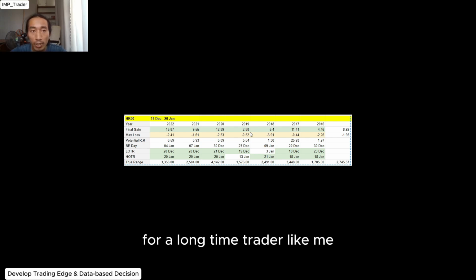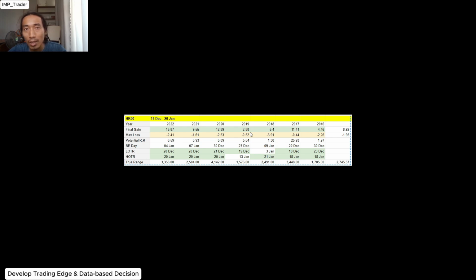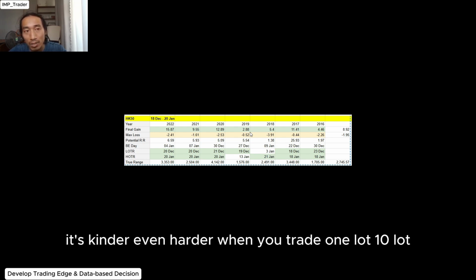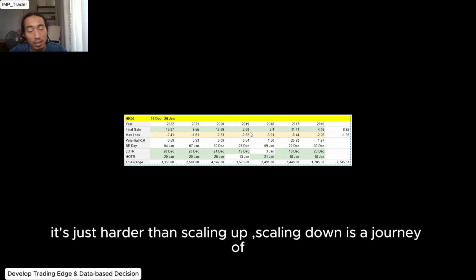For a long-term trader like me, I trade a lot of big accounts, so it's even harder when you trade one lot, 10 lot, 20 lot, and then you go back to micro lot. It's just harder than scaling up.